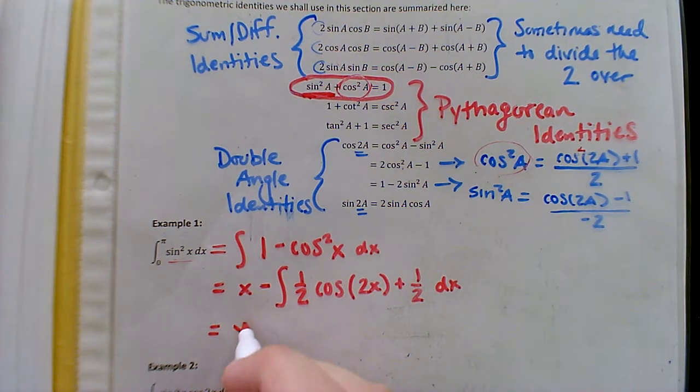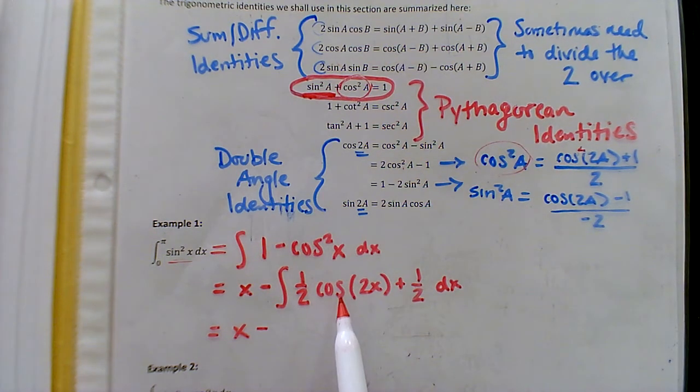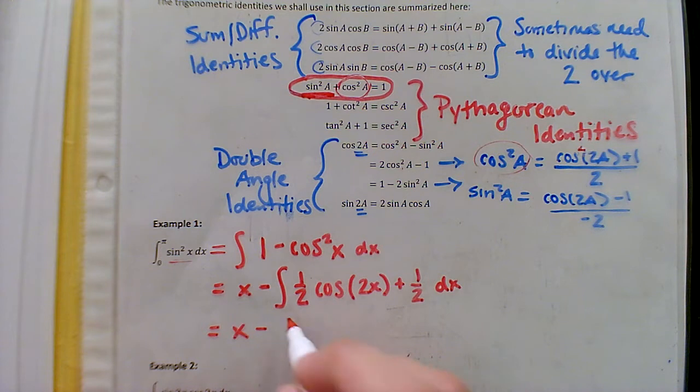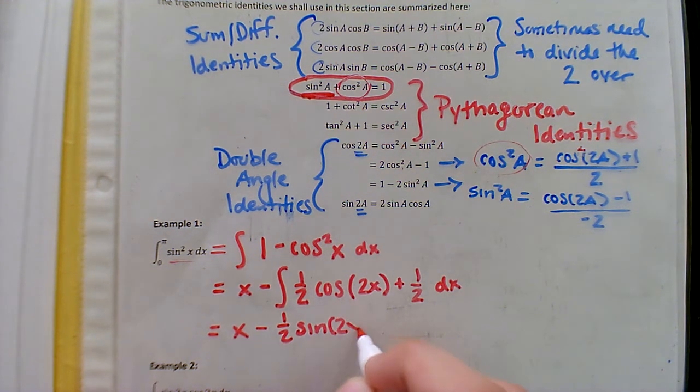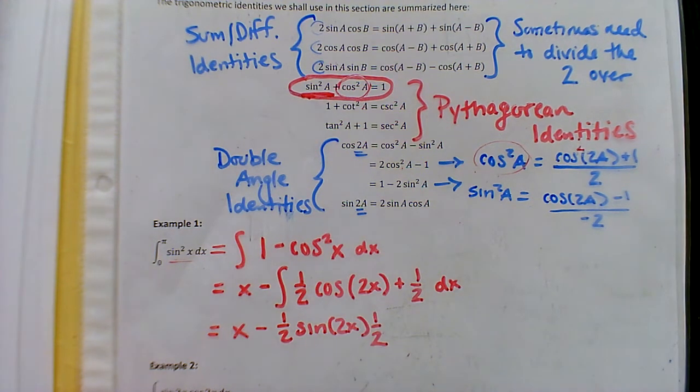All right, so without that power of 2 in there, we should probably be able to work backwards from this one. If we work backwards from 1/2 cosine of 2x, we get one-half sine of 2x, and then we would actually have times another 1/2 on the end to cancel out that 2 on the inside.